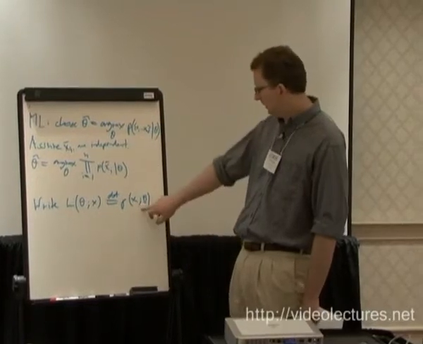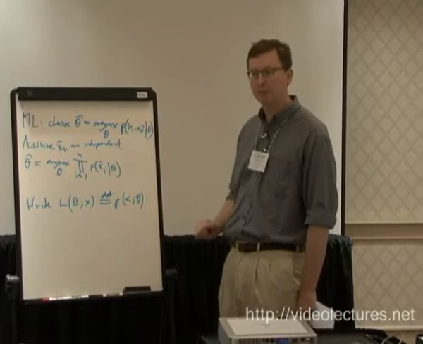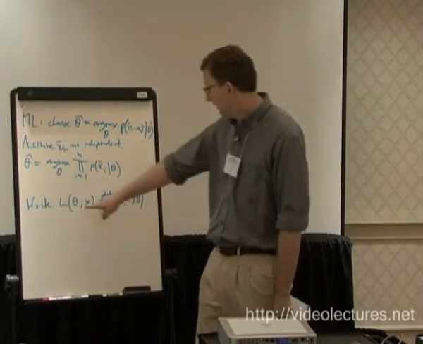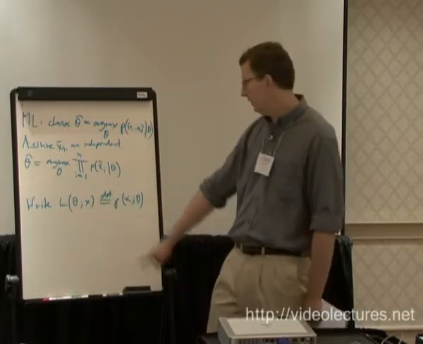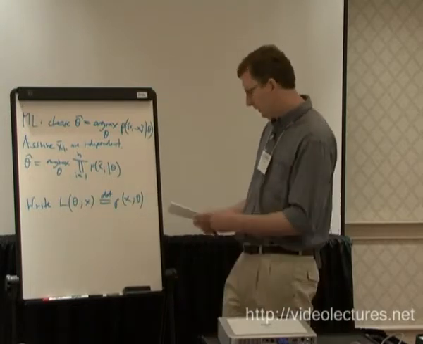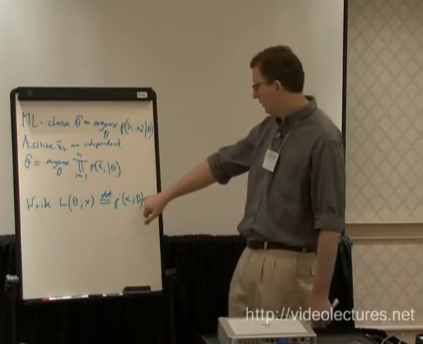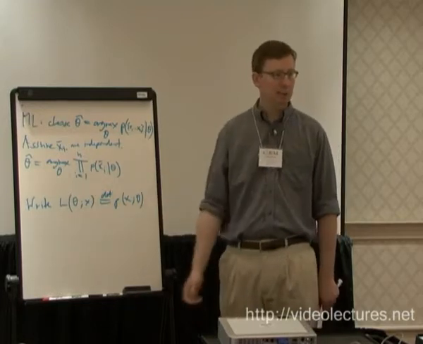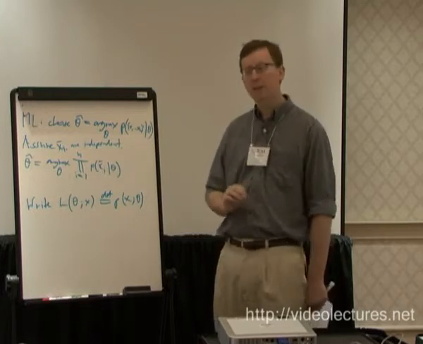And so if I'm not a Bayesian, the notation I'm going to use is semicolon. And semicolon really just distinguishes the data from the parameters. So this is just a very simple notational convention. But this capital L function is called the likelihood function. And the reason for the notation is that if I think of theta as being fixed, you know, nature chose some probability distribution theta, and then nature chose a random sample and gave it to me.